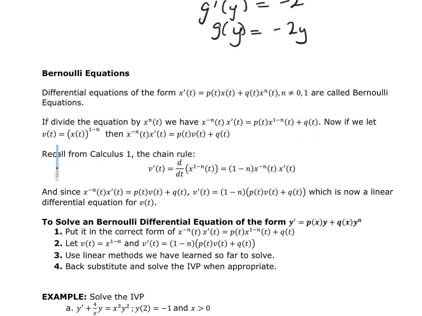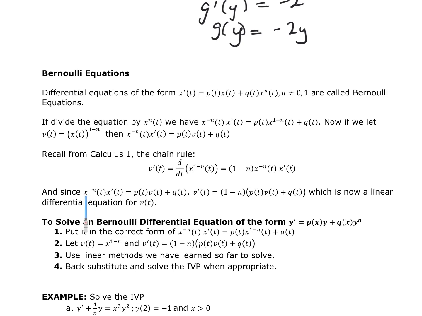If we do this substitution, we let v of t equal x of t raised to the 1 minus n, then our previous equation becomes p of t times v of t plus q of t. Now, we know from calculus that if we take the derivative of v of t, which is x of t raised to the 1 minus n, we're going to get 1 minus n times x raised to the negative n of t times x prime of t.